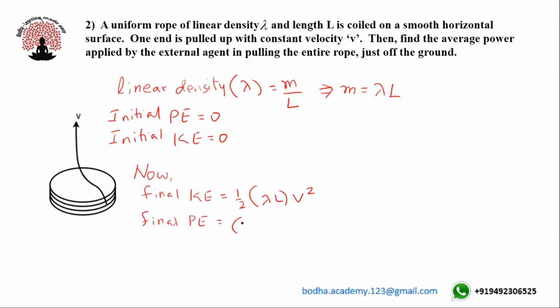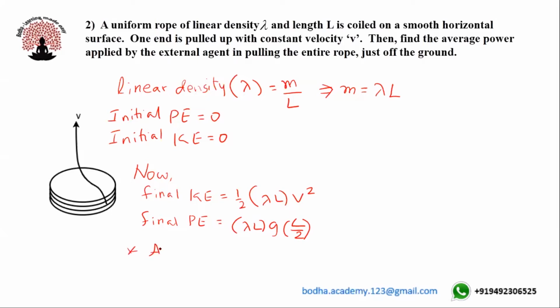So in place of m, we have lambda L, g. For height, we are supposed to consider the location of the center of mass of the vertical rope. The rope is of length L, so its center of mass will lie at L by 2. So in place of h, I will take L by 2. So this is the final potential energy.